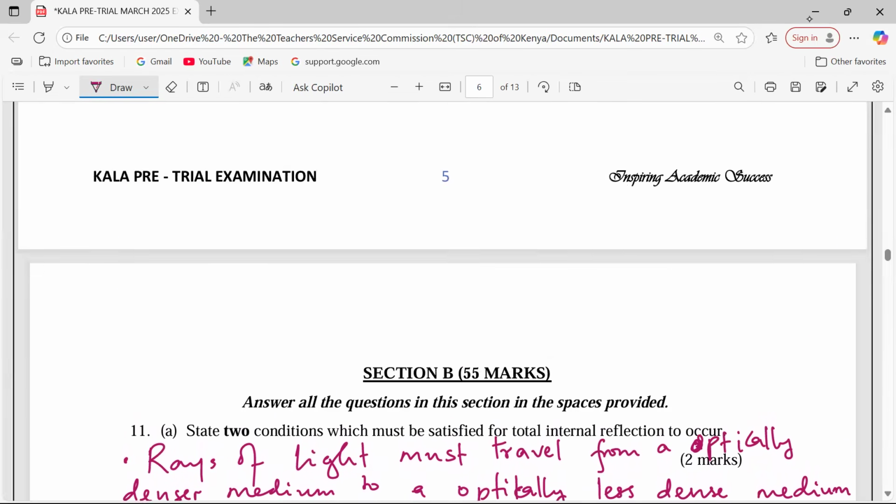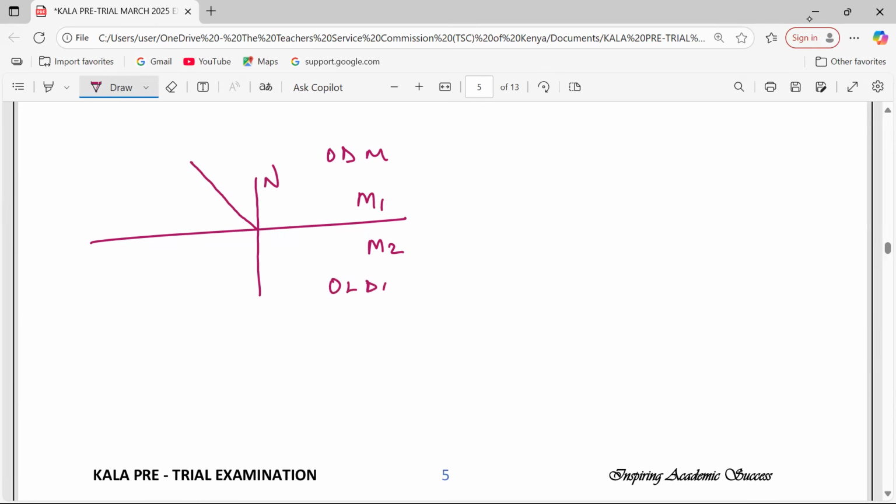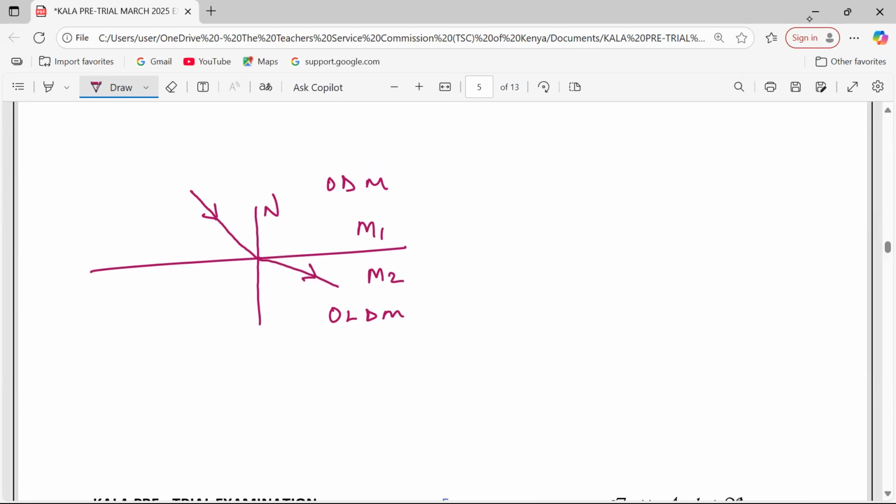Let's get back to the space up here. We are talking of two media here. Media 1, media 2. So when a ray of light, this is the normal. When a ray of light travels from an optically denser medium to an optically less dense medium, the ray of light is refracted away from the normal. That is the case we are talking about.